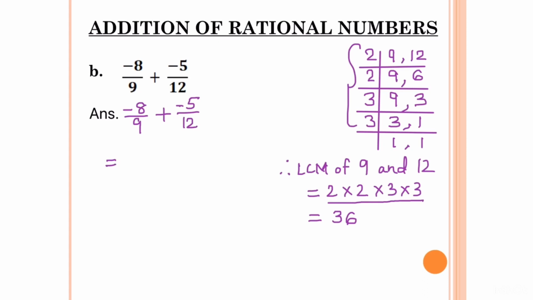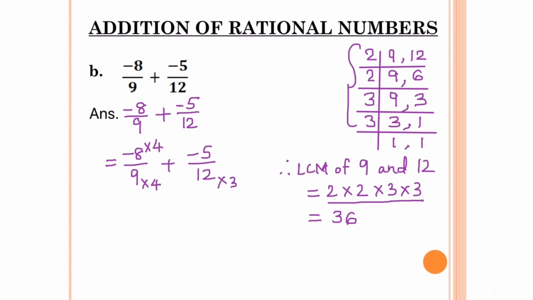So, minus 8 by 9 plus minus 5 by 12. We know that 9 times 4 gives 36. The same 4 we will multiply even with the numerator. And 12 times 3 gives 36.